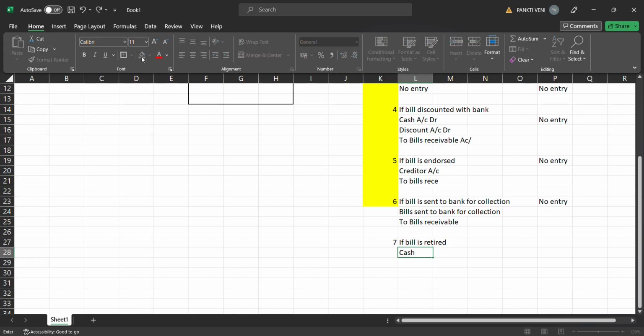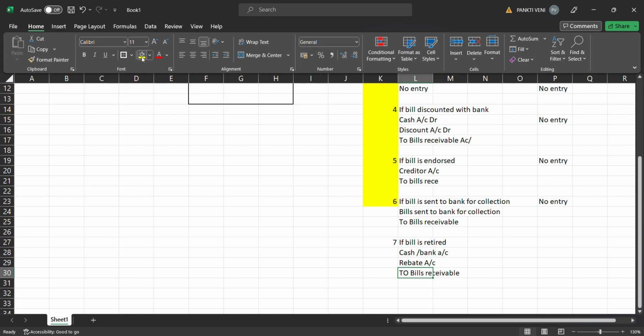So for the shopkeeper, it will be cash or bank account debit, rebate account debit, to bills receivable. I'll have to give my customer a rebate, that is nothing but discount.